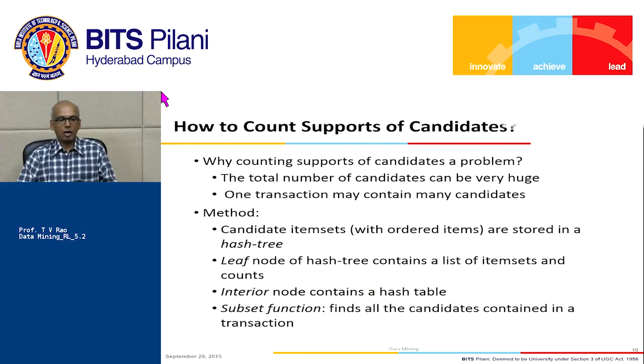Now we will see how to count the support of candidates. The number of candidates can be very huge. We looked at a very small database, and still the combinatorial number of candidates is high.